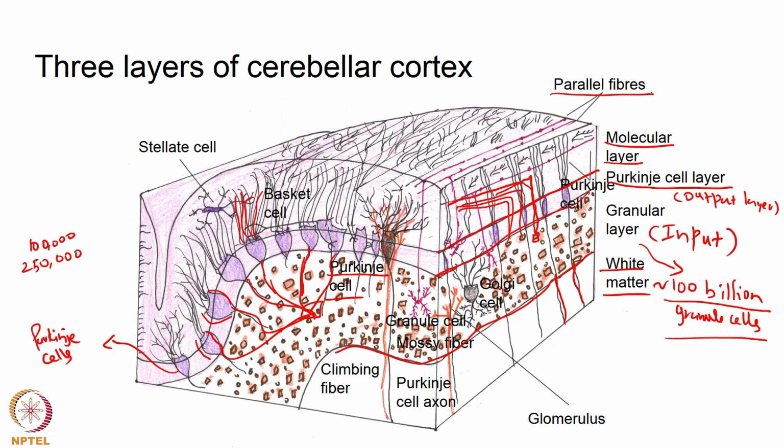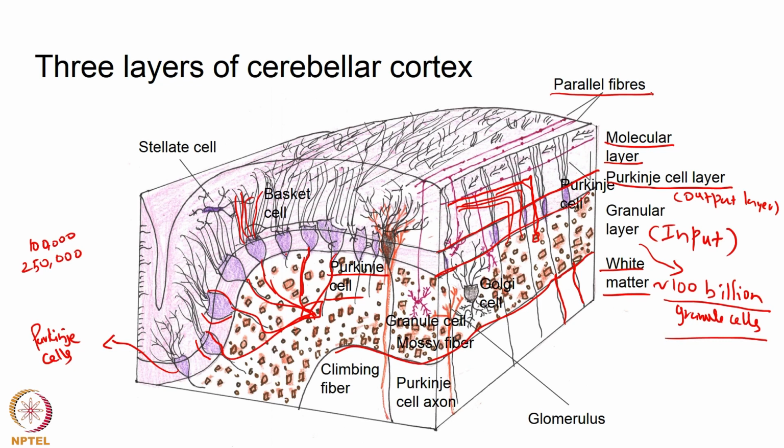For illustration, only a few of these are shown. Obviously, what is there is a way more complicated picture, but what we are showing here is only a few, fewer than 10 parallel fibers and a little more than 10 Purkinje cells.